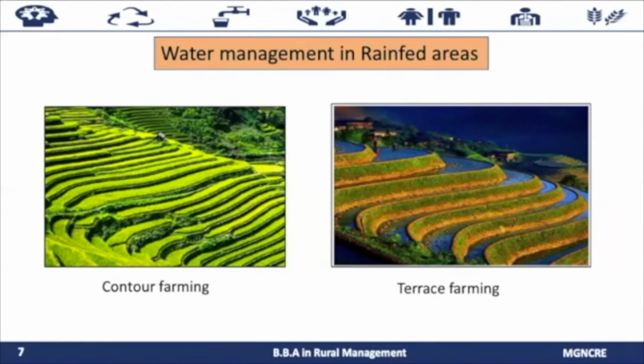This also leads to the growth of healthy crops, and it also prevents the carrying away of plants by heavy flowing river water. And this also helps in the reduction of soil erosion as well as water loss. And lastly, terrace farming traps rainwater, allowing people to engage in the cultivation of water-intensive crops such as paddy.